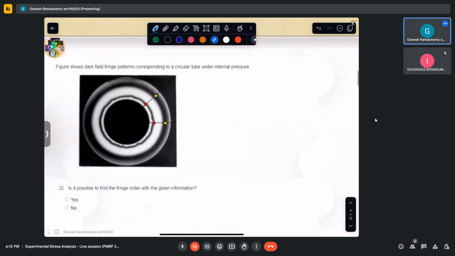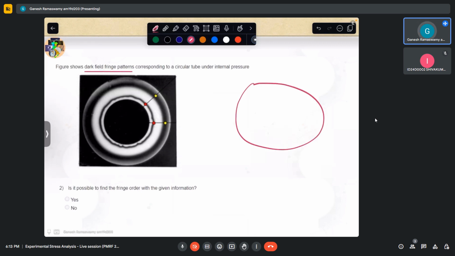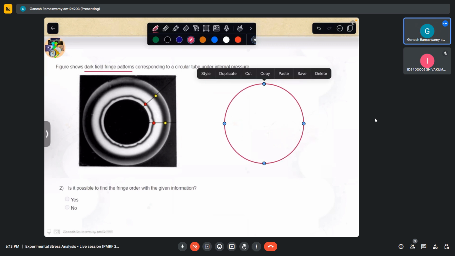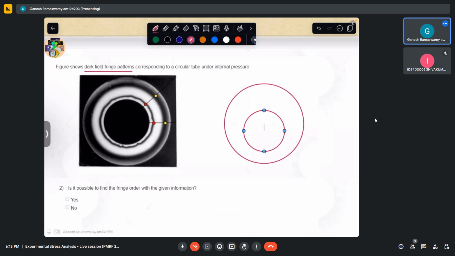A similar related question, let us look at this question now. The figure shows the dark field fringe patterns corresponding to a circular tube under internal pressure. So, what we are saying is we have a tube like that, where this is the material.